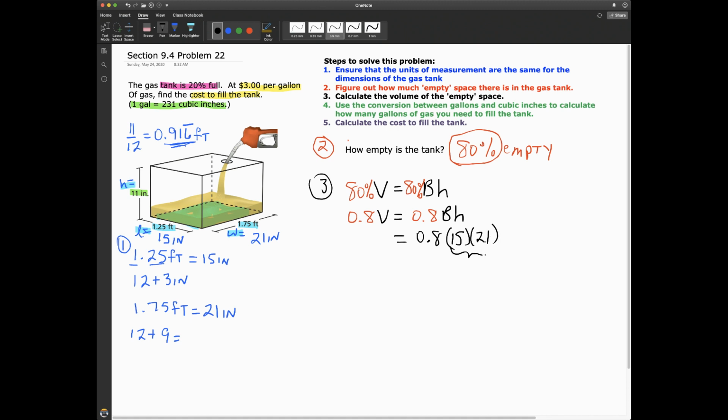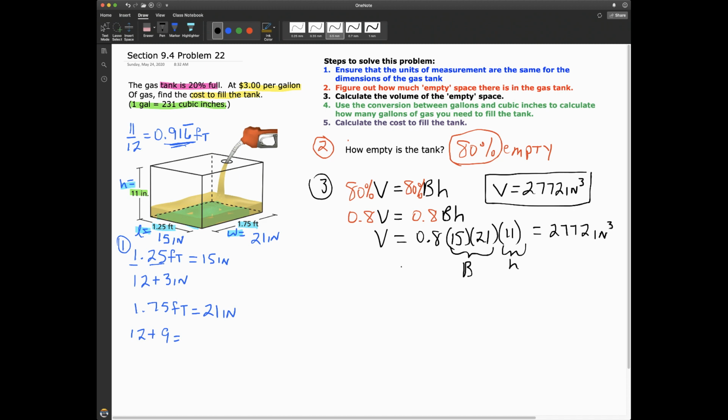This part gives me the area of the base, capital B, times the height, which is 11. When you multiply all that together, the answer is 2,772 inches cubed, because remember, this is volume. So the volume of 80% of this tank is 2,772 inches cubed. You can check that on your calculators.